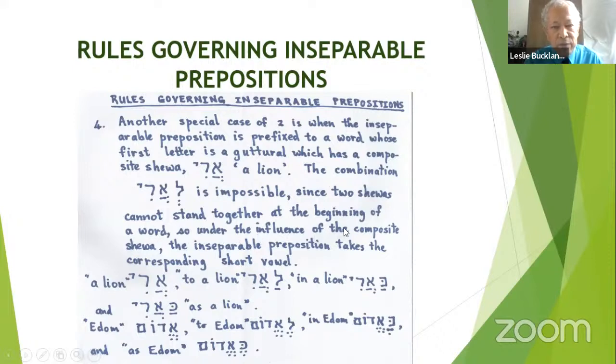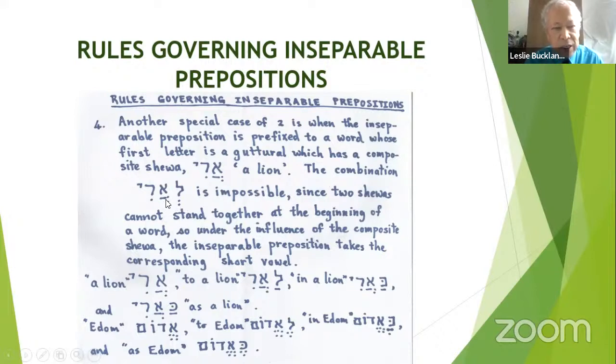So under the influence of the composite shua, the inseparable preposition takes the corresponding short vowel. Let me explain that some more. The two shuas cannot be side by side.